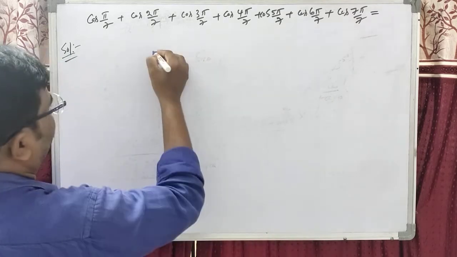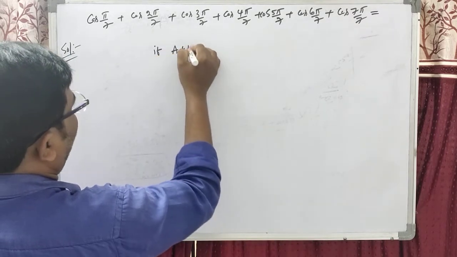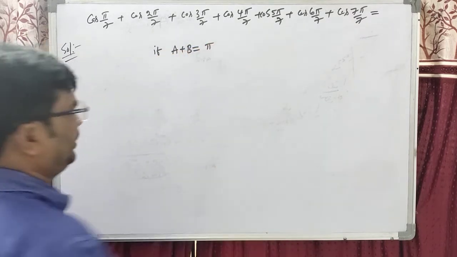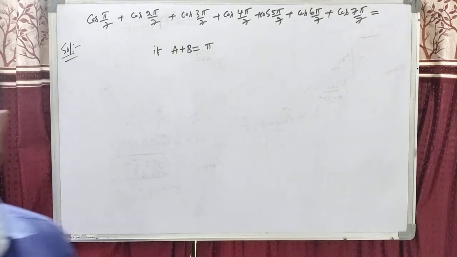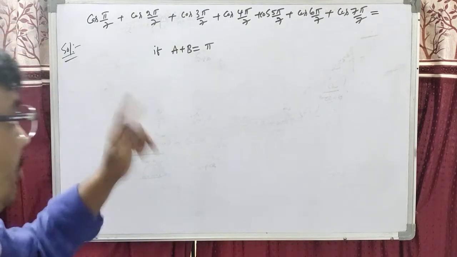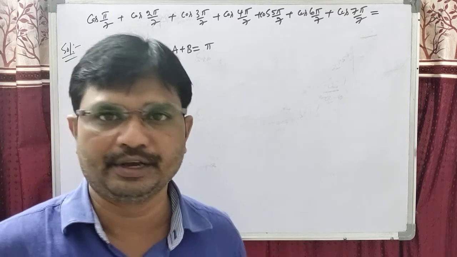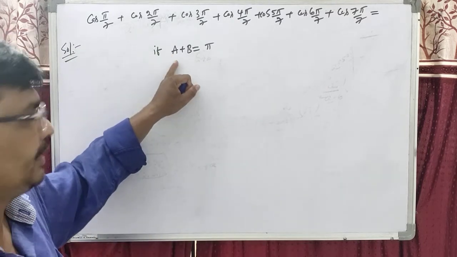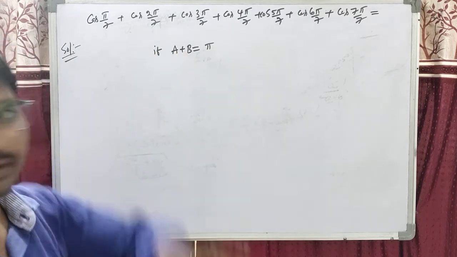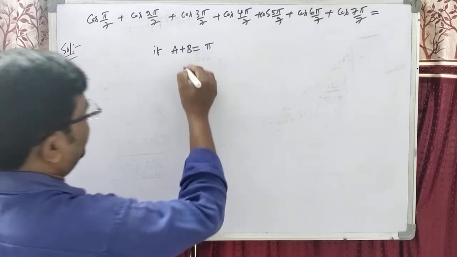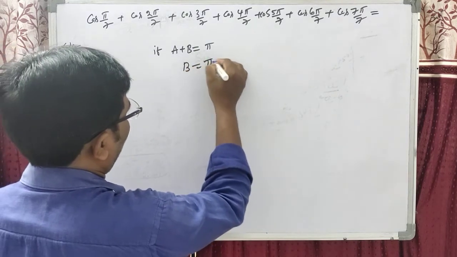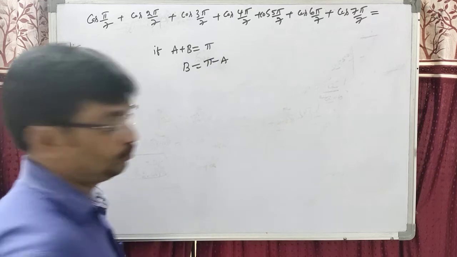Dear students, if a plus b equals pi, meaning 180 degrees, the sum of any two angles a and b is 180 degrees. Then b equals pi minus a.